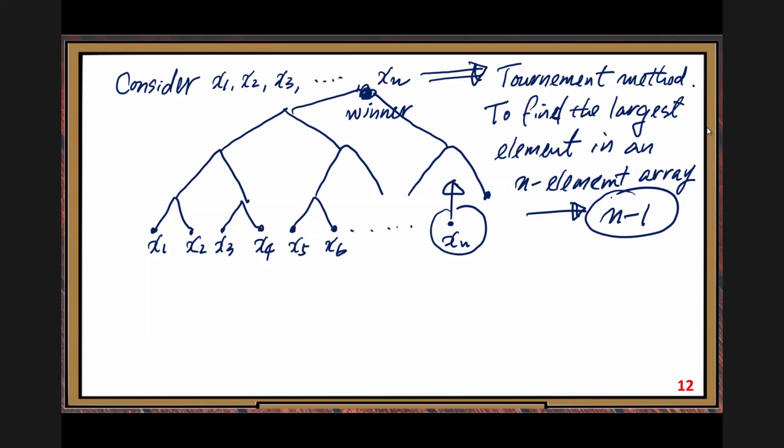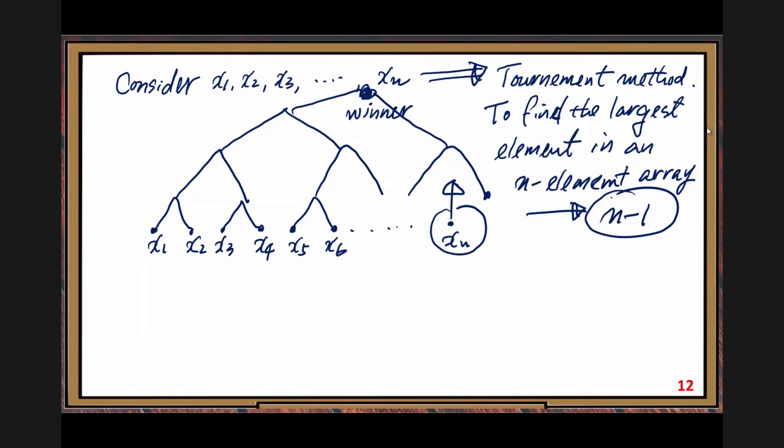Here, although the grouping is very complicated, each round, how to group them, it doesn't matter. No matter how you group them, at the end you just need n minus 1 games in order to get the final winner.